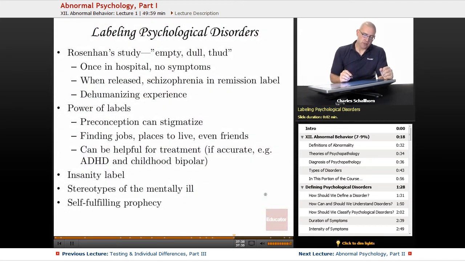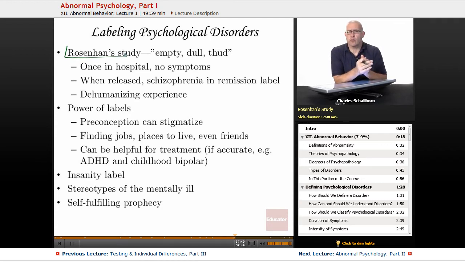Labeling psychological disorders. There's a guy named Rosenhan, and you need to be familiar with him. On the Discovering Psychology series, he says, several colleagues and I went to particular mental hospitals complaining of hearing voices that said empty, dull, and thud. That was it. We simply said we had those symptoms.